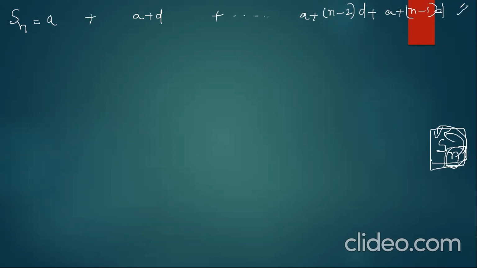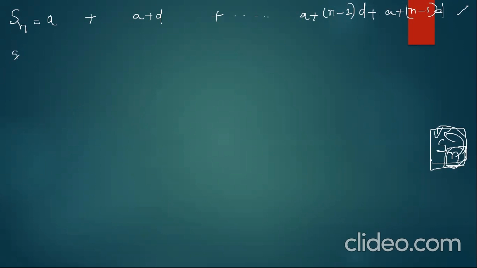This is the thing we got. Now, how to get the standard form in order to calculate the sum to n terms? For that, we do a simple derivation, which the mathematicians followed and we are following. Let me do that.